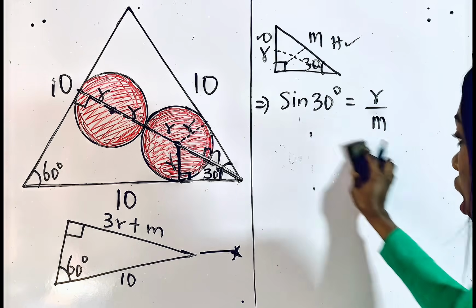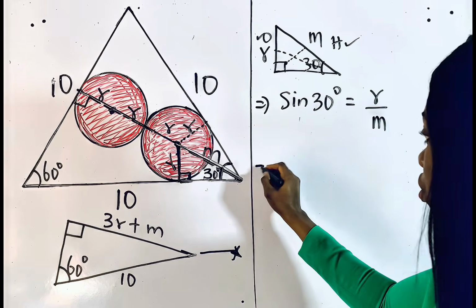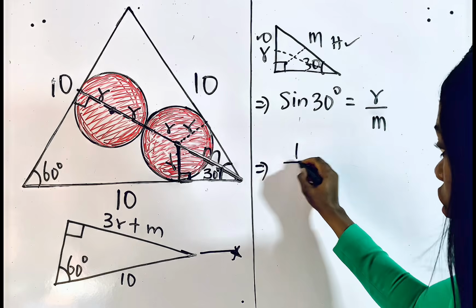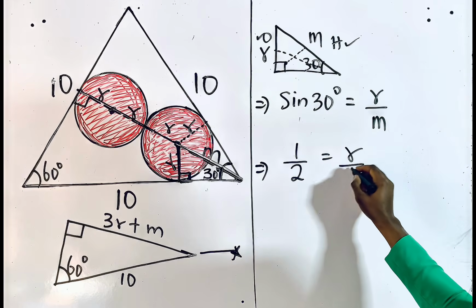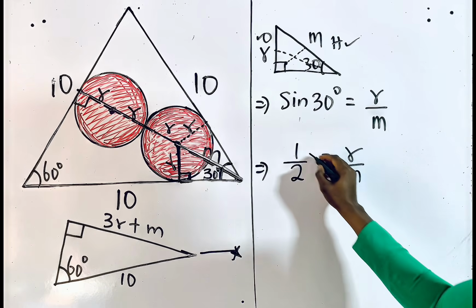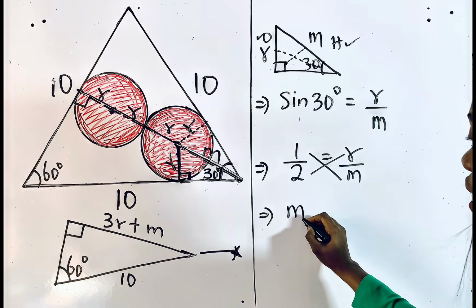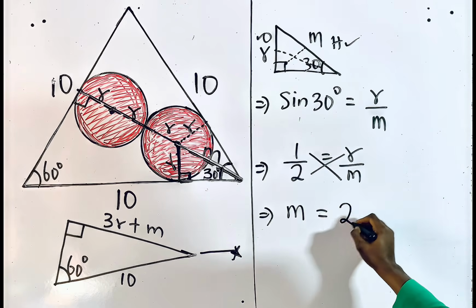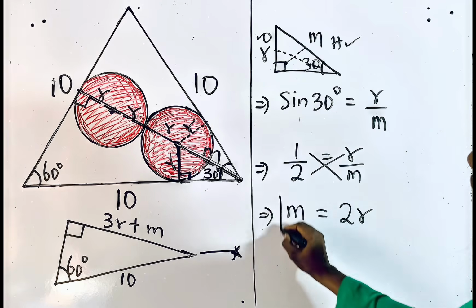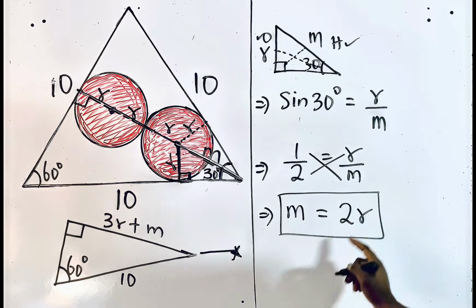Now, let's work this out. This is going to give us, remember that sine 30 is 1/2, is equal to r over m. Quickly cross multiply this, and this times this gives us m, and 2 times r gives us 2r. So it means that our m is given as 2r.